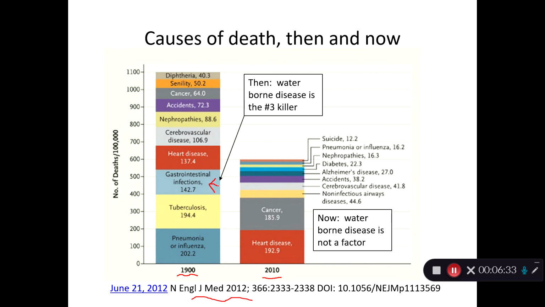Number 3. I mean, that's huge. And now, in 2010, you look at this, it doesn't even appear anywhere. It's not anywhere on this list because we have basically solved this problem. So drinking water disinfection has been the most important thing that humanity has done to protect human life and extend human life.